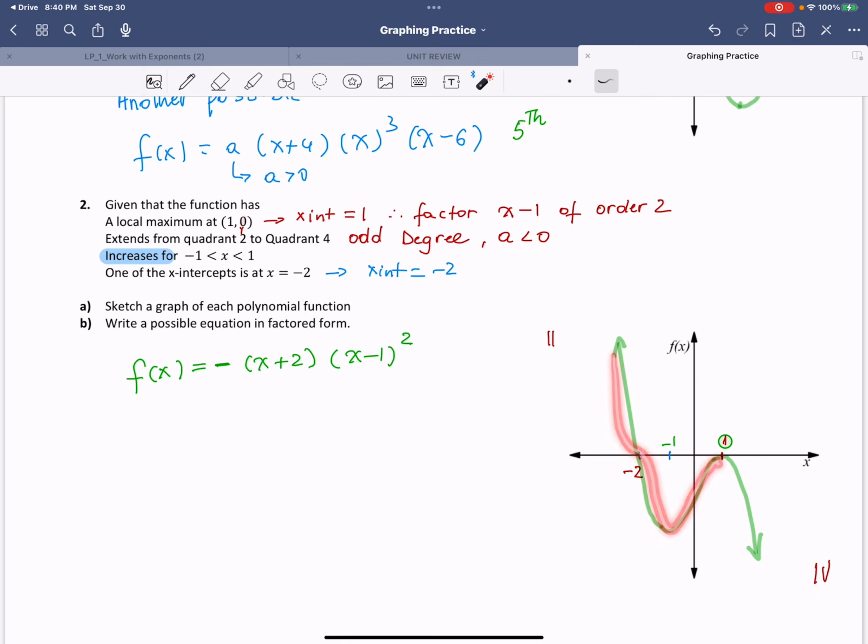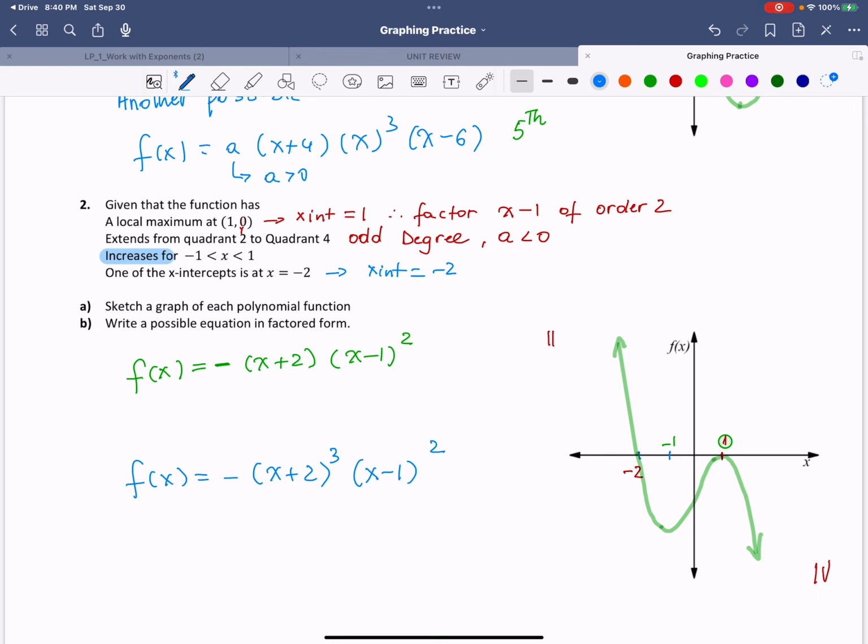So another possible equation in this case would be f of x equals negative (x plus 2) to the power of 3, times (x minus 1) to the power of 2. What we know for sure though is that this will be an odd degree polynomial function. There goes another possible graph, and the leading coefficient of it will be negative.